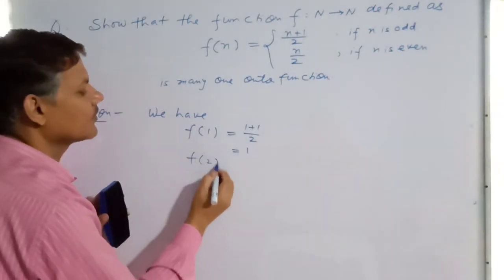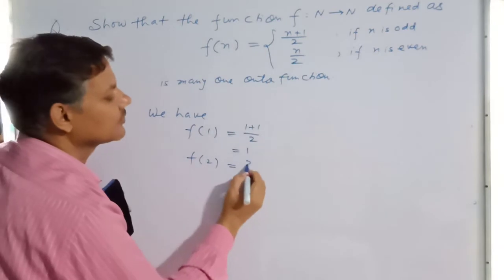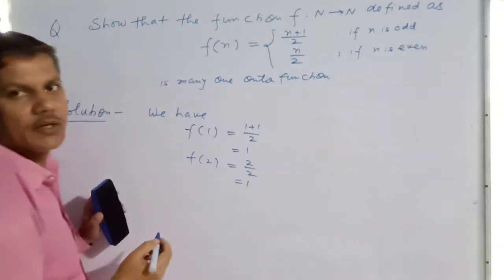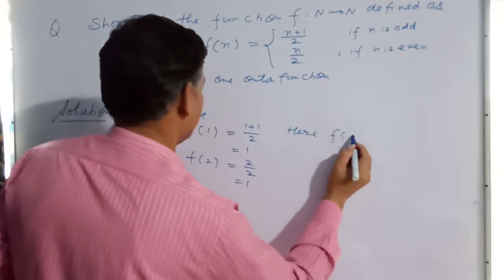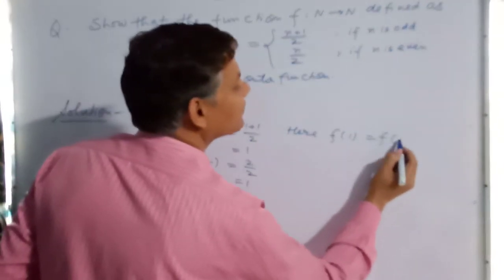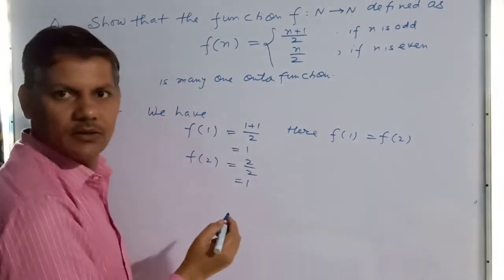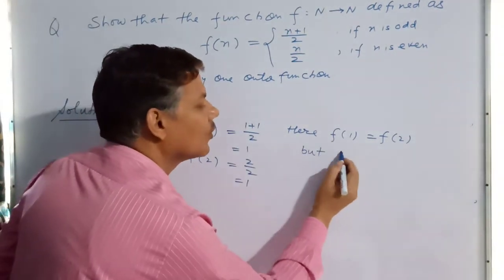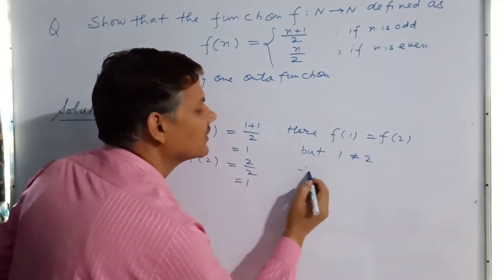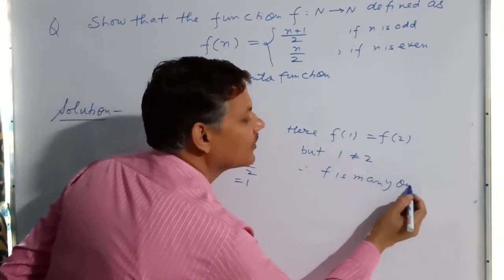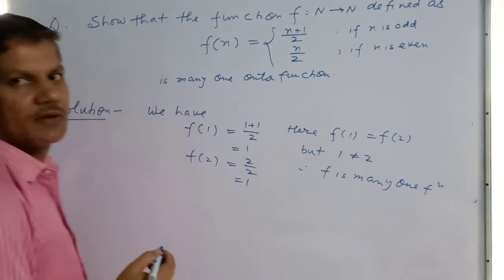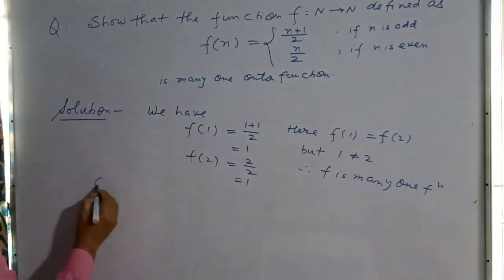Also f(2), it is actually an even number, so it is 2 by 2, which is equal to 1. Here we get f(1) is equal to f(2), since both are equal to 1, but 1 is not equal to 2, therefore f is many-one function. Next one is onto.